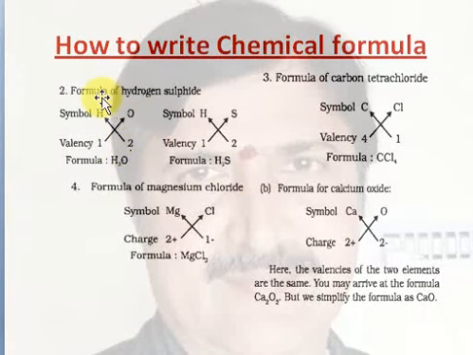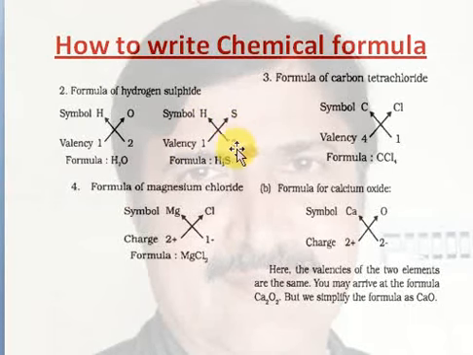See, the next example we are going to study is hydrogen sulfide. Now we have to write the molecular formula for hydrogen sulfide. Write the symbol of hydrogen as H, and the sulfide radical S. Now write the valency of hydrogen as 1, and the valency of sulfur is 2.